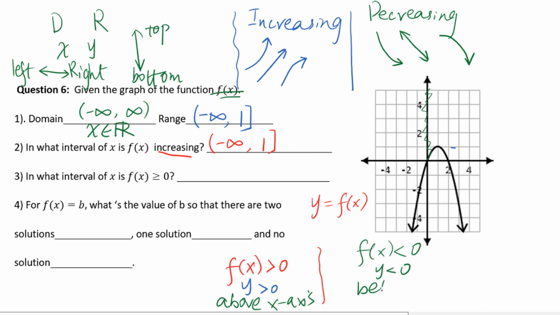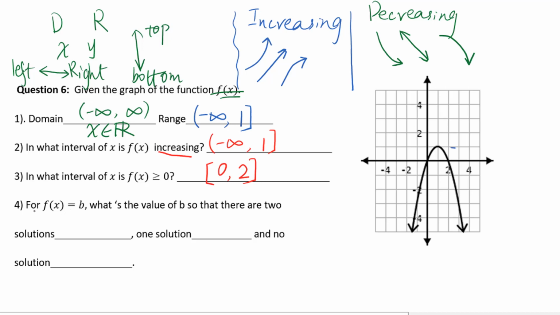So it's below the x-axis. For number 3, in what interval of x is f of x greater than or equal to 0? It will be this part. So from 0 to this 2. Since we have an equal sign, it's a bracket. Close the interval from 0 to 2.